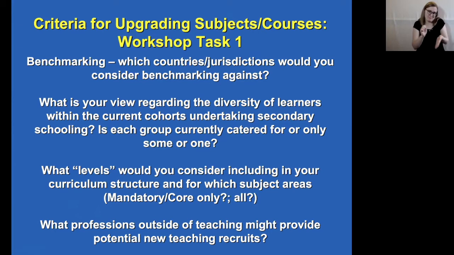And as we mentioned very early on today, what professions outside of teaching might provide potentially new teaching recruits? So in other words, who might we bring into teaching now, or who should the government be looking for?